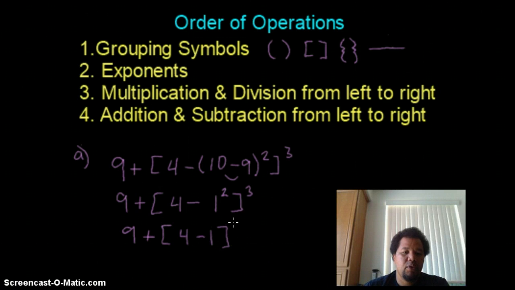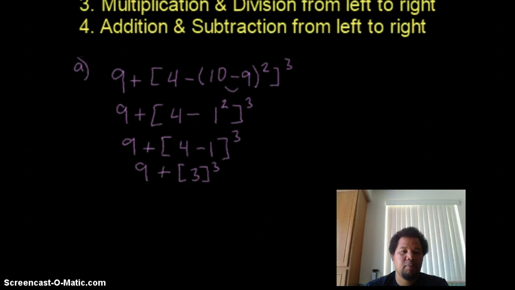We still have a grouping symbol and exponents. So we have addition, grouping symbols, subtraction, and exponents. We still work within the grouping symbol. So we go 4 minus 1, which is 3. So we go 9 plus 3 inside this bracket, and then to the third power. Let's move this down to give us some space.